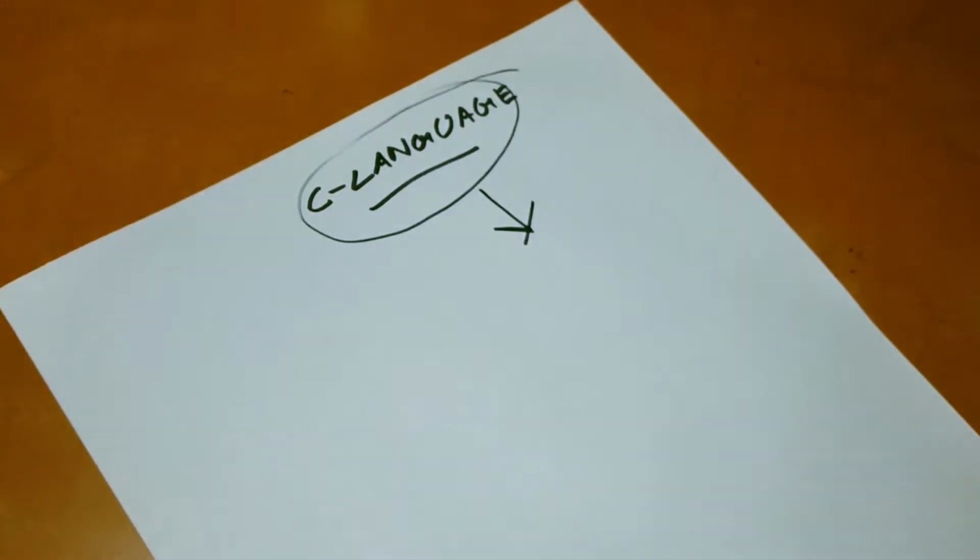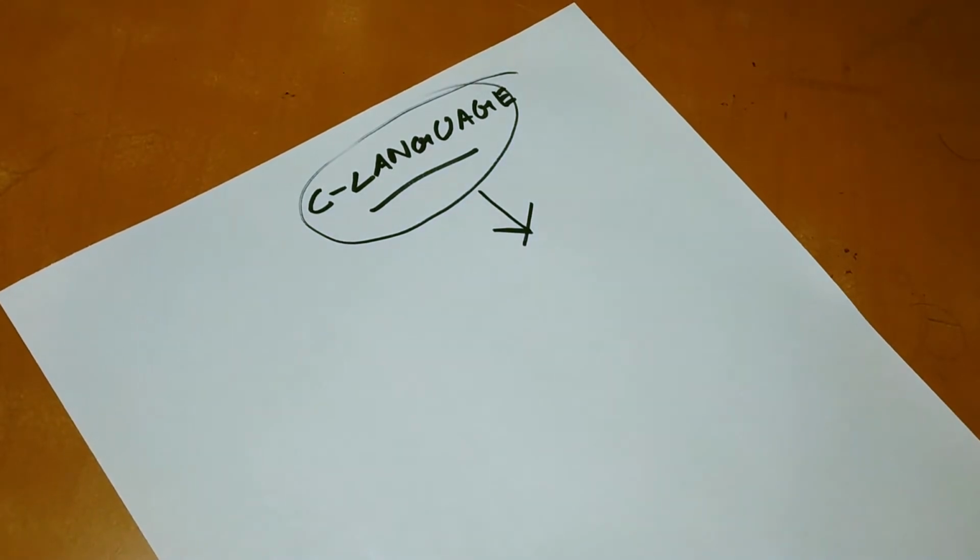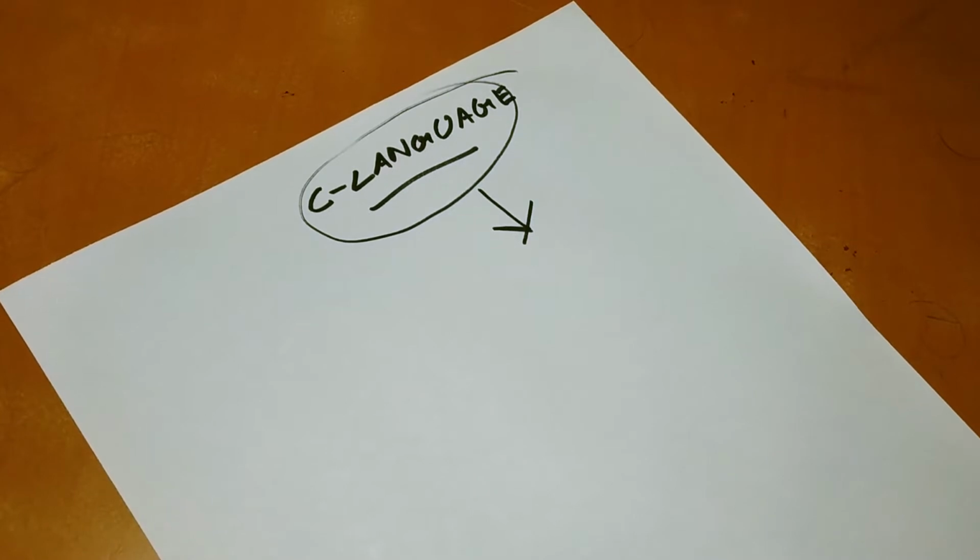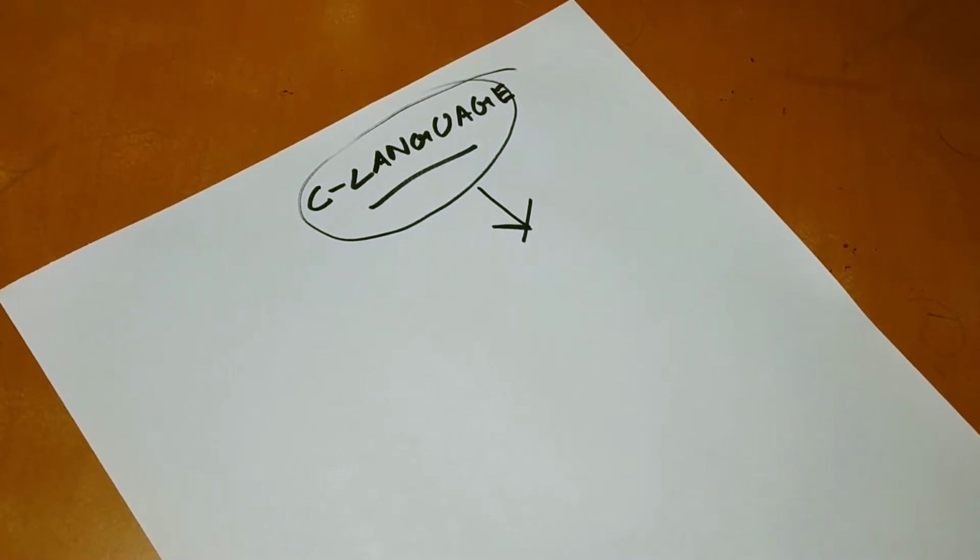In order to understand a language, we first need to clear out all our queries about algorithms and flowcharts, because those are the backbone of coding.